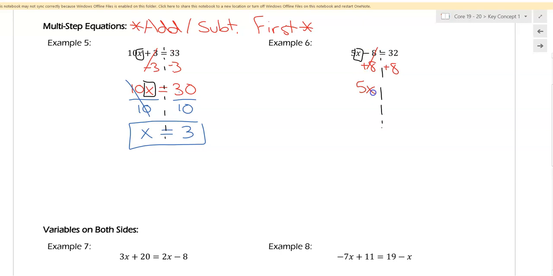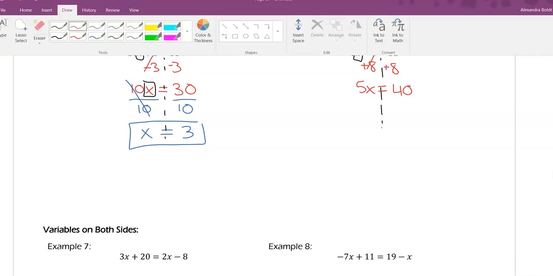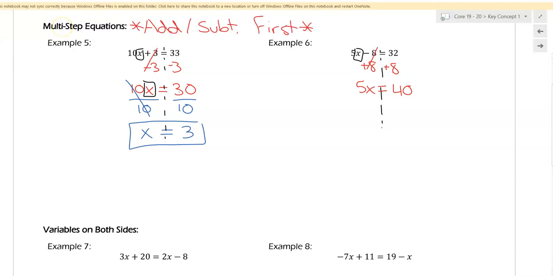I have 5x equals 32 plus 8 is 40. Finding my x, right? It still has that 5 with it being multiplied. So I'm going to divide. x equals, and 40 divided by 5 is 8.